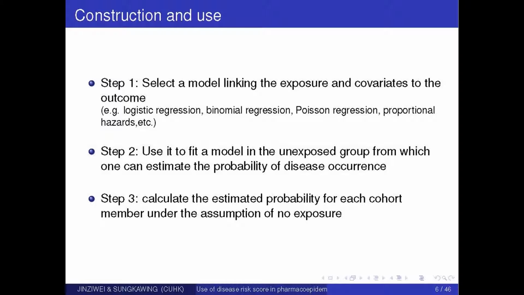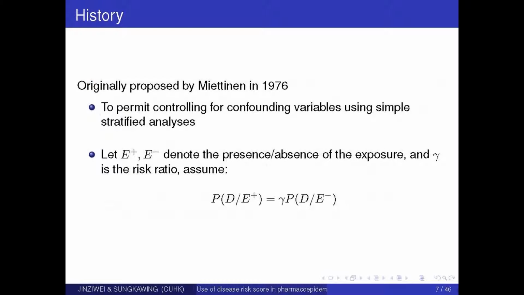Finally, we calculate the estimated probability for each cohort member under the assumption of no exposure, and it is the estimated disease risk score. This method was originally proposed by Miettinen in 1976, to permit controlling for confounding variables using simple stratified analyses.